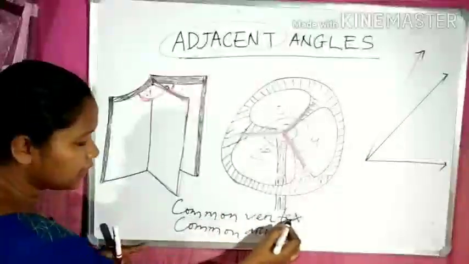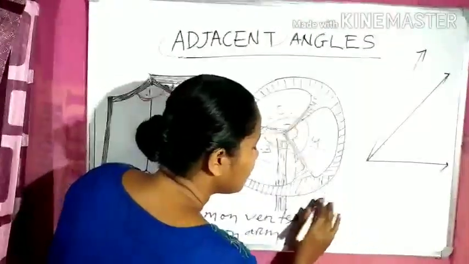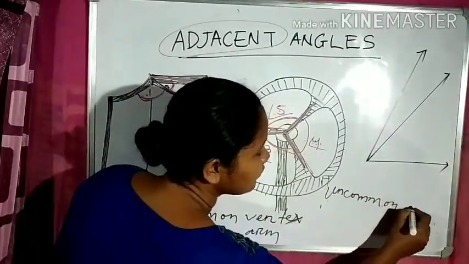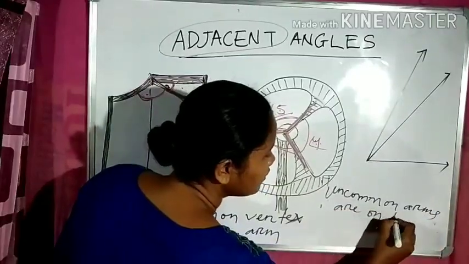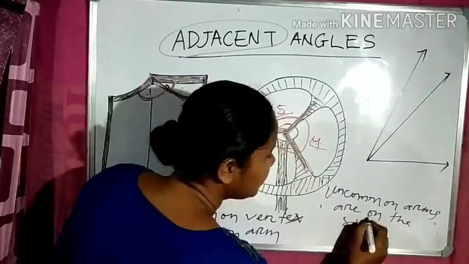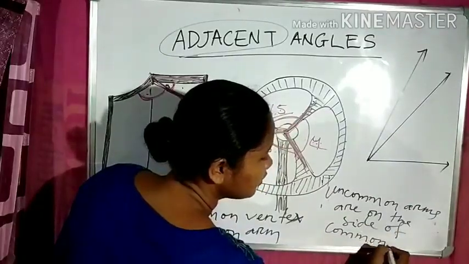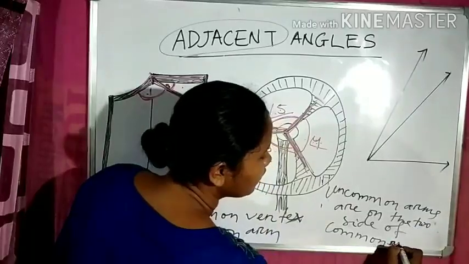So they have a common vertex, a common arm, and uncommon arms on the two sides of the common arm.